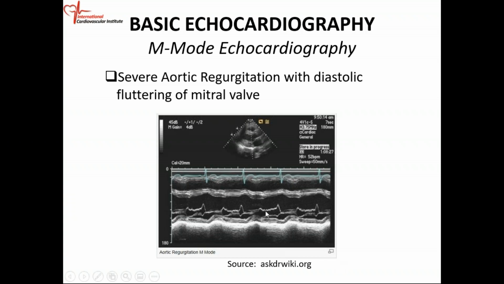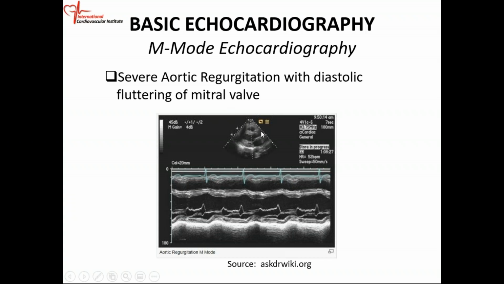So when you look at it, you get this fluttering. You see this little wavy thing there? This is fluttering of the anterior mitral leaflet. Okay? So they will probably give you a little history and then give you this, and you need to know that this is significant aortic insufficiency, because the aortic insufficiency jet is going backwards.